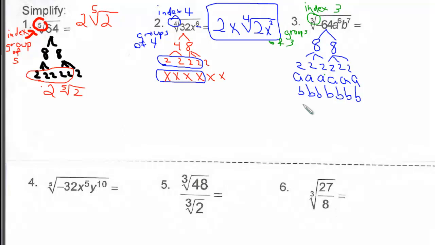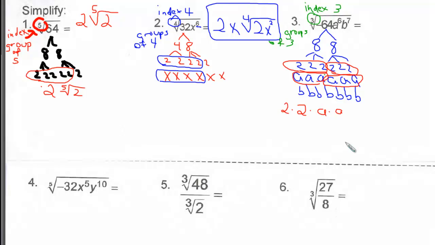Let's group our numbers and variables into groups of 3. I have 2 groups of 2, so that would be 2 times 2. We also have 2 groups of a, so that would be a times a.